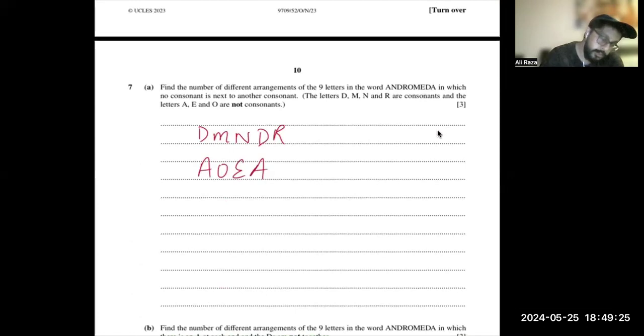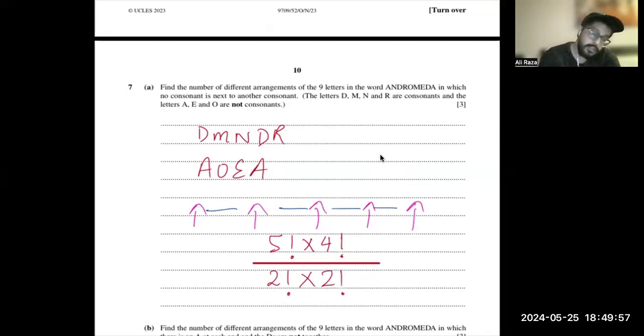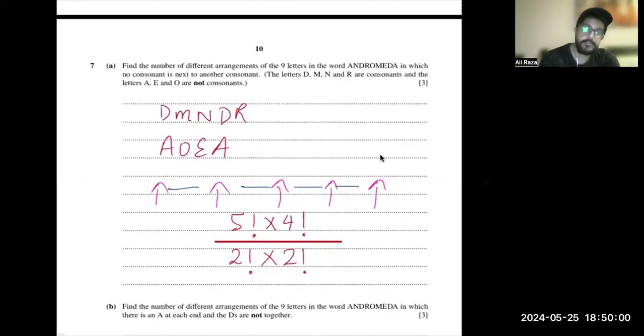So we'll place the 4 vowels over here, and the 5 consonants can come in these spaces. 5 factorial for the 5 consonants multiplied by 4 factorial for the vowels. And we'll divide this by 2 factorial because we have 2 D's and another 2 factorial because we have 2 A's. The answer for this comes out to be 720.